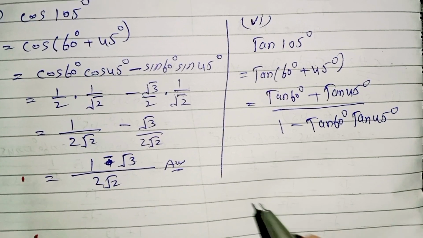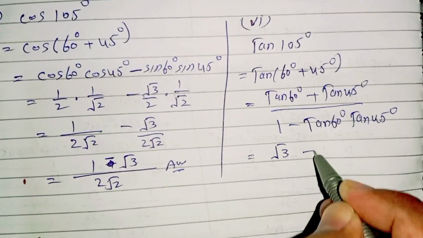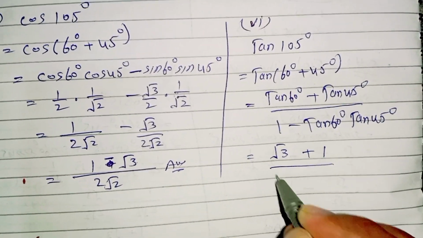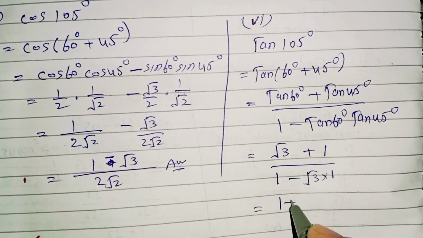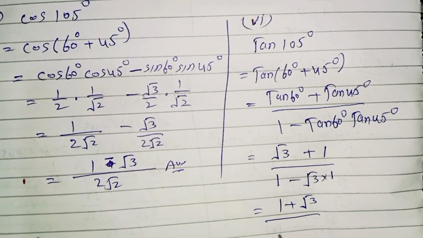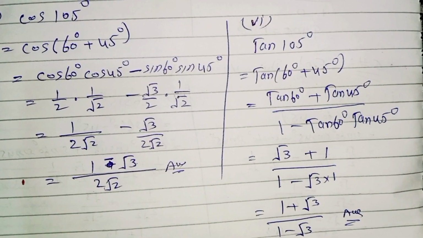We remember that tan 60 degree is equal to square root 3 and tan 45 degree is equal to 1. 1 minus square root 3 multiplied by 1. So we have 1 plus square root 3 over 1 minus square root 3, which is the required answer of tan 105 degree. Question number 3 of exercise 10.2.